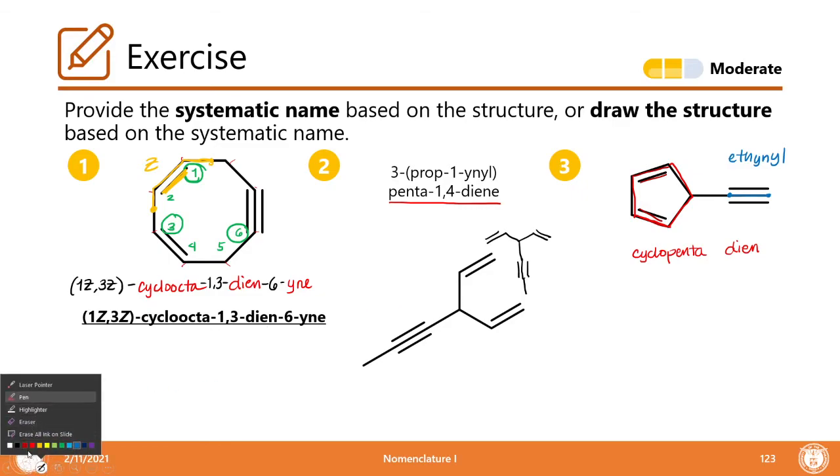This ethynyl is just a substituent, so we shouldn't prioritize it when building our systematic parent name. So when we do the numbering 1, 2, 3, we give the smallest numbers to our alkenes, 4 and then 5. So when we form that, cyclopenta-1,3-diene, since that's the end of our word, we end it with diene.